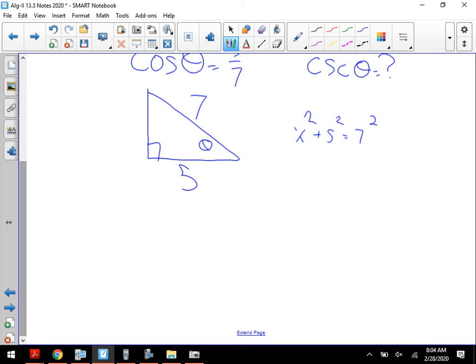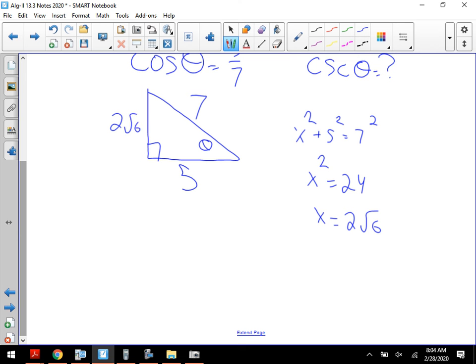What's 5 squared? Subtract it. What do you get? 24. So x squared is 24. What's the square root of 24? Yes, 2 root 6. Very good. I always keep these things in setups where you should be able to figure it out rather quickly. So there's your opposite at 2 root 6.